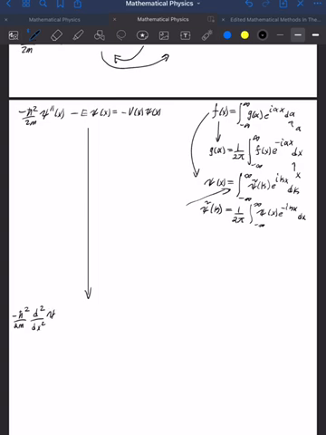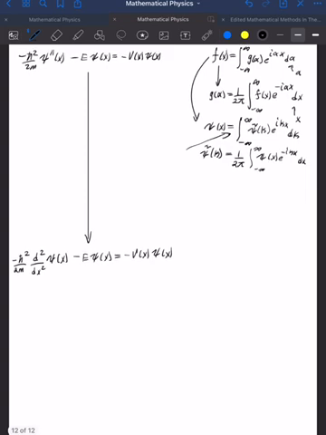So psi of x minus e times psi of x is equal to minus v of x times psi of x. Okay, so now I've written this entire equation explicitly so that you can see psi of x. So minus h bar squared, we're going to make the substitution now: d squared dx squared of, substituting psi of x.